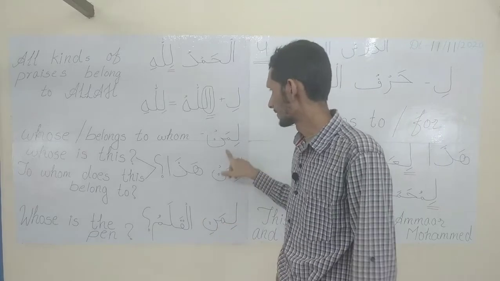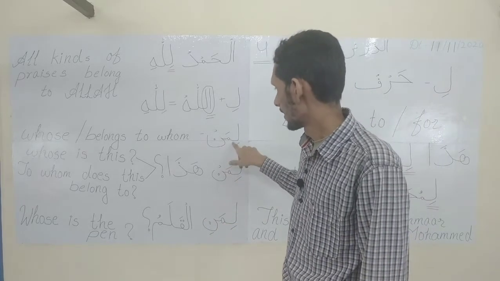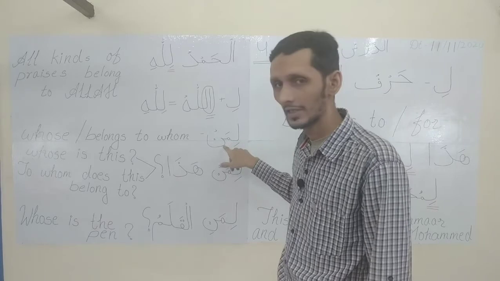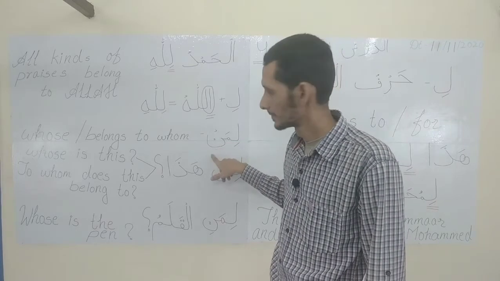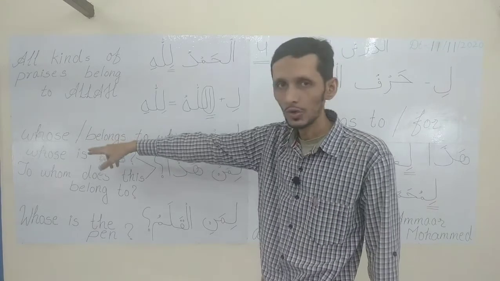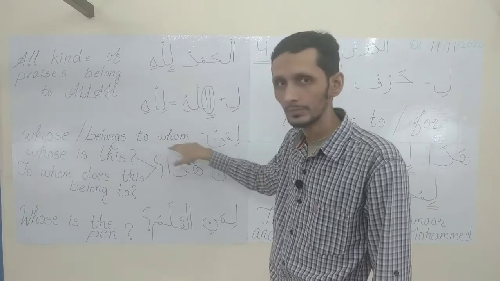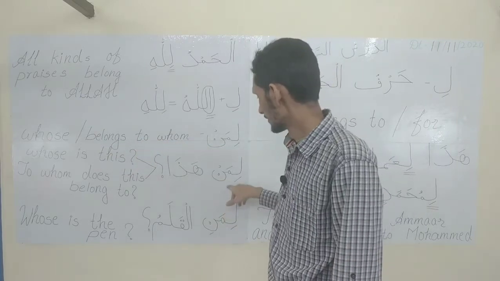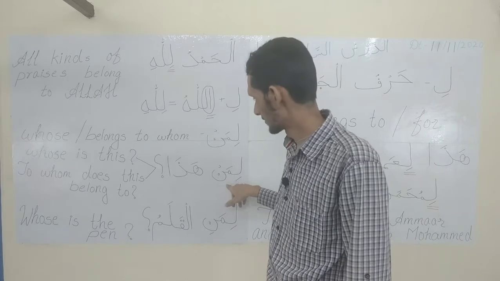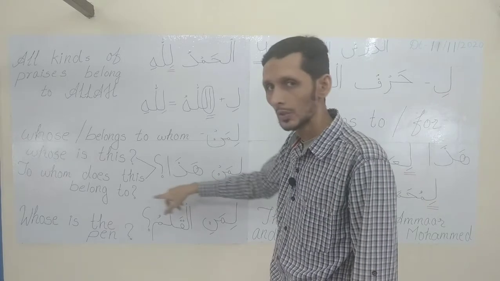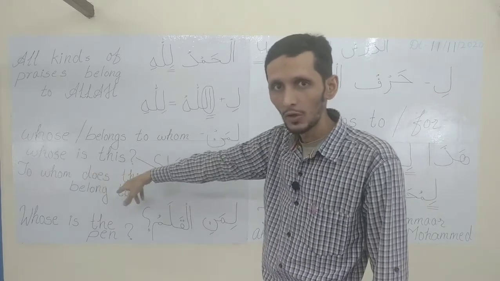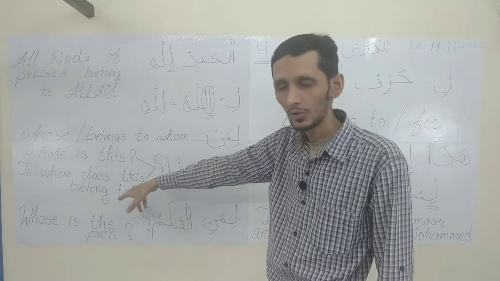Next we come to liman. Harful jar li has been connected to man. It means whose or belongs to whom. Let us take an example. Liman haza. Whose is this, or to whom does this belong?